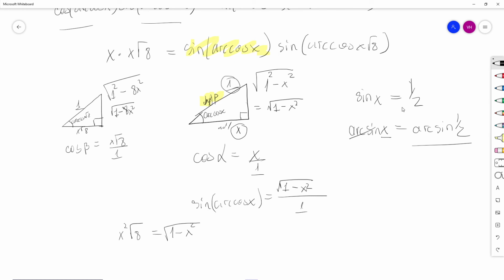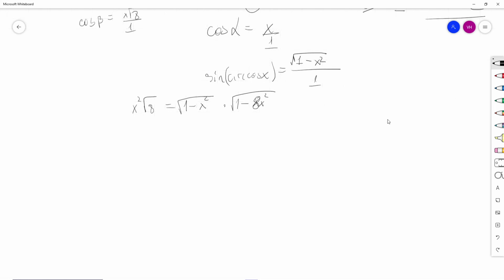Okay. Since we have 1 minus 8x squared rooted, let's again plug that in instead of this part. So we get x squared root 8 minus 1 minus x squared from this triangle multiplied by 1 minus 8x squared, also rooted, from that triangle.